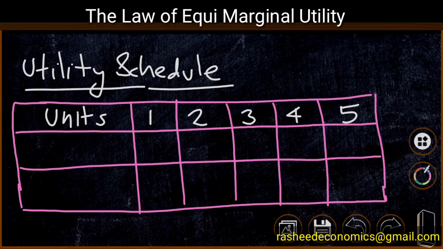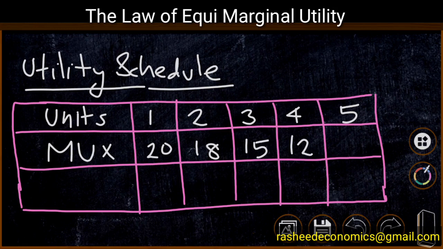Initially we consider the marginal utility of X. From the first unit the consumer derives 20 units of utility. From the second unit he is getting 18 units. From the third unit he is getting 15 units. From the fourth unit 12, and for the last unit 10. Here we can see that marginal utility goes on diminishing as consumption increases.